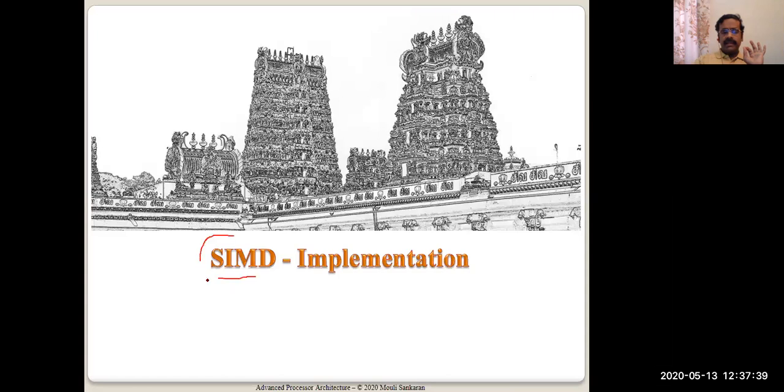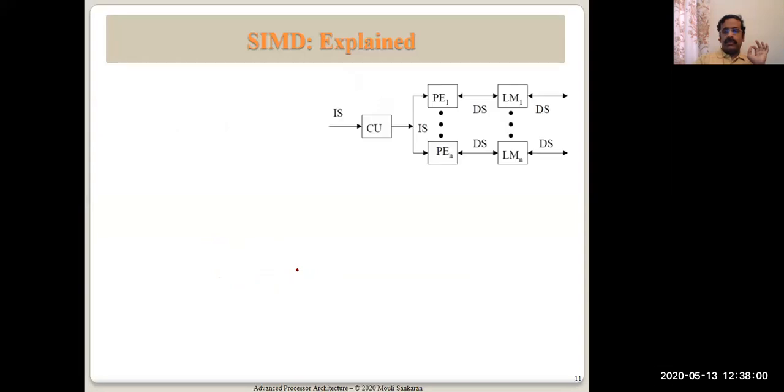It is taking a single instruction and operating on multiple data simultaneously. That means in a given cycle, one instruction is fetched, and that instruction is operating on multiple different data. That is called SIMD. I explained this in the previous class.